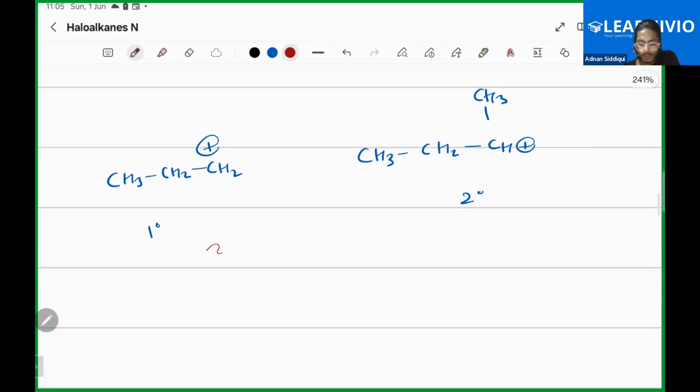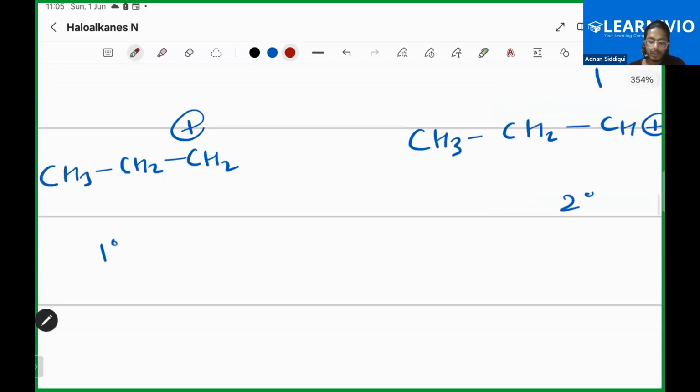Now, have you heard about the inductive effect, plus I and minus I? So we know a methyl group can act as plus I. It can donate electron density. So if we have a positive charge, to stabilize it, its neighbor donates its own electron density.